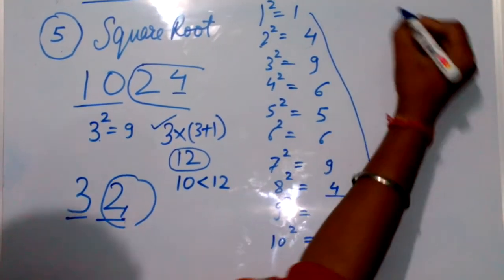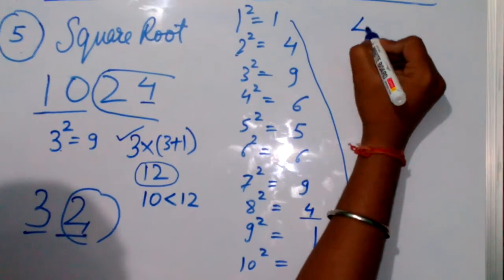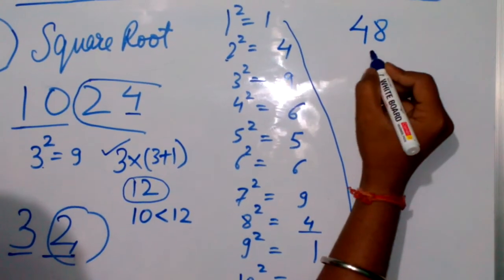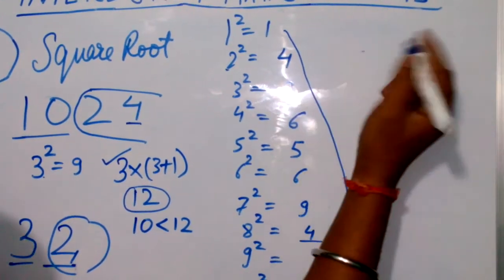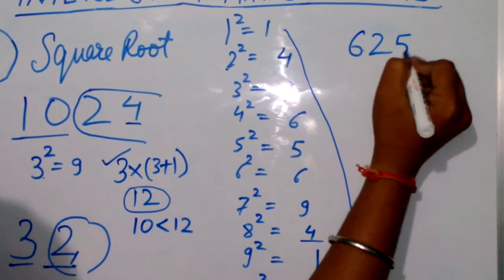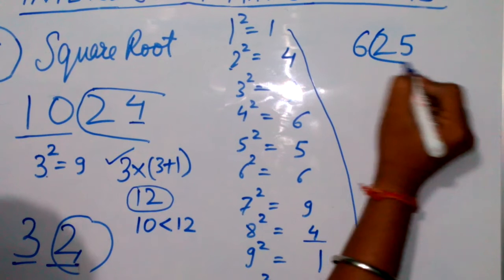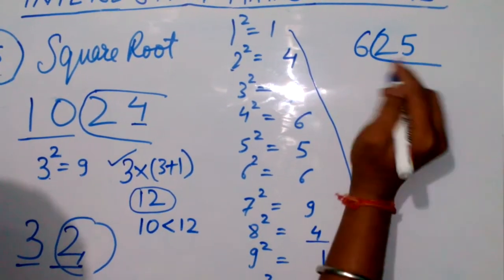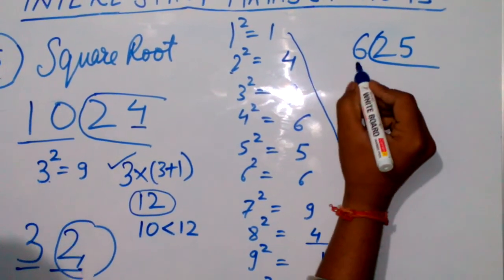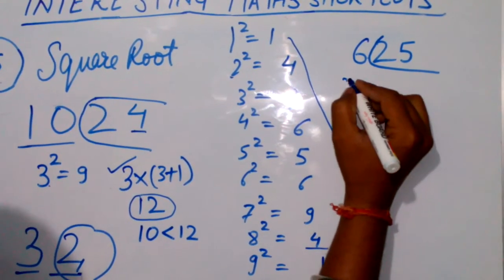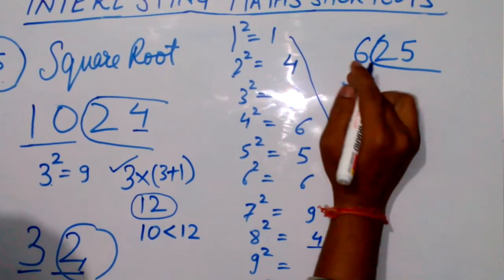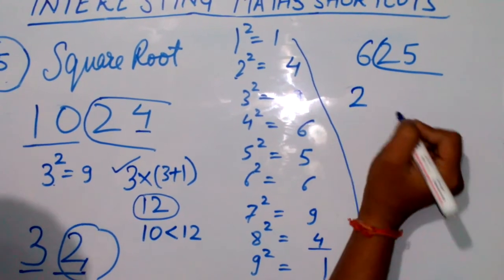Taking one more example, the square root of 625. Separate the last two digits. Now the square of 2 is 4, and 6 is just above this, so the first digit is 2.